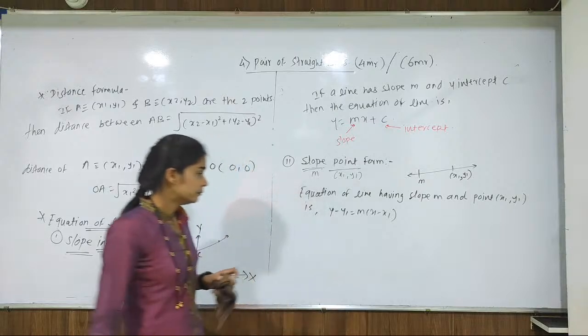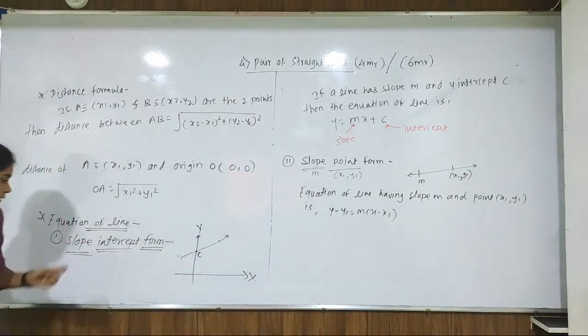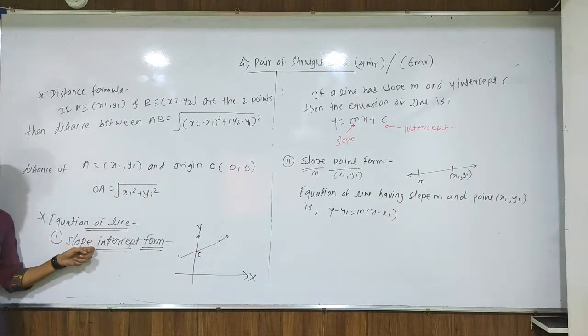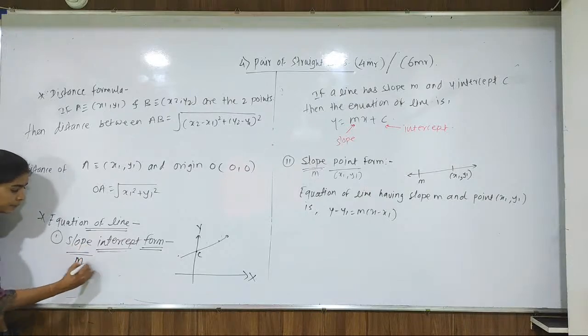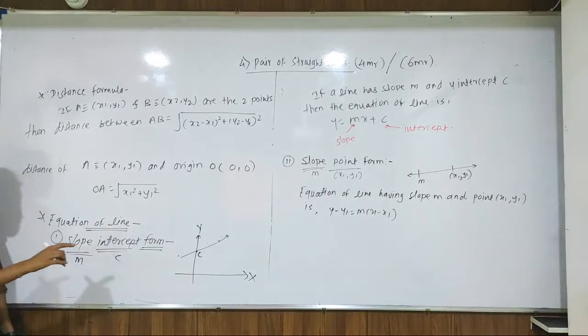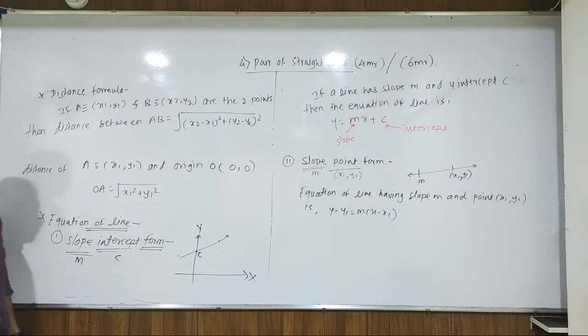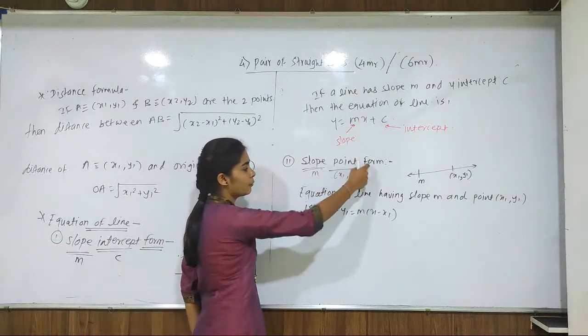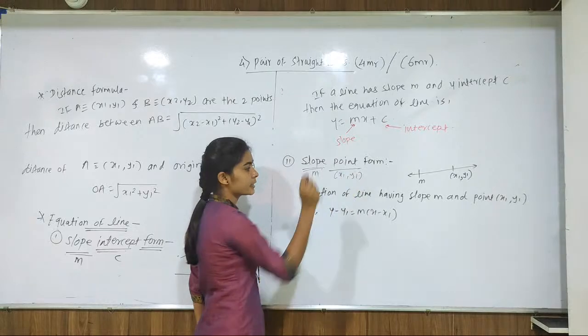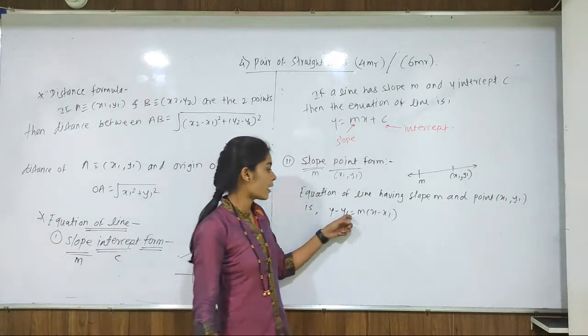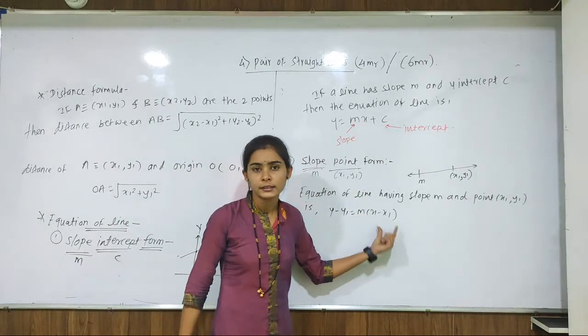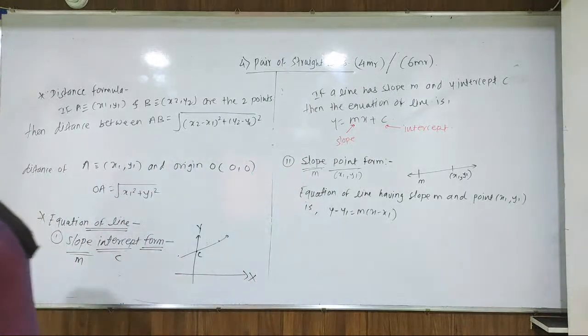Okay. Now लक्षात ठेवायचं. First one is slope intercept form. Slope is m, intercept is c. So y is equals to mx plus c. इथे काय, slope point form: slope is m and point is x1, y1. So y minus y1 is equals to m into x minus x1 like this. Okay, understood? Yes or no?